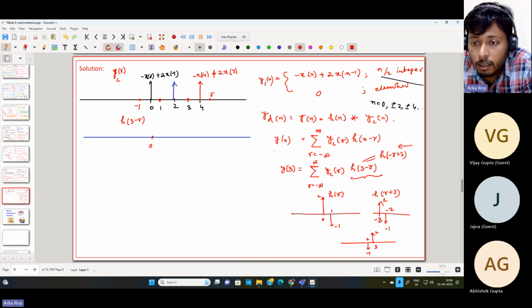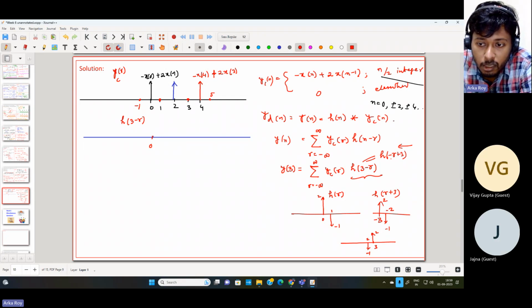Followed by that, we can see there is initially an advancing of the signal by an amount of 3. So the signal was initially shifted to minus 3 and minus 2, and then we have the time reversal operation. So whatever signal is there in the time domain, let us consider this is with index r, and this is the origin.